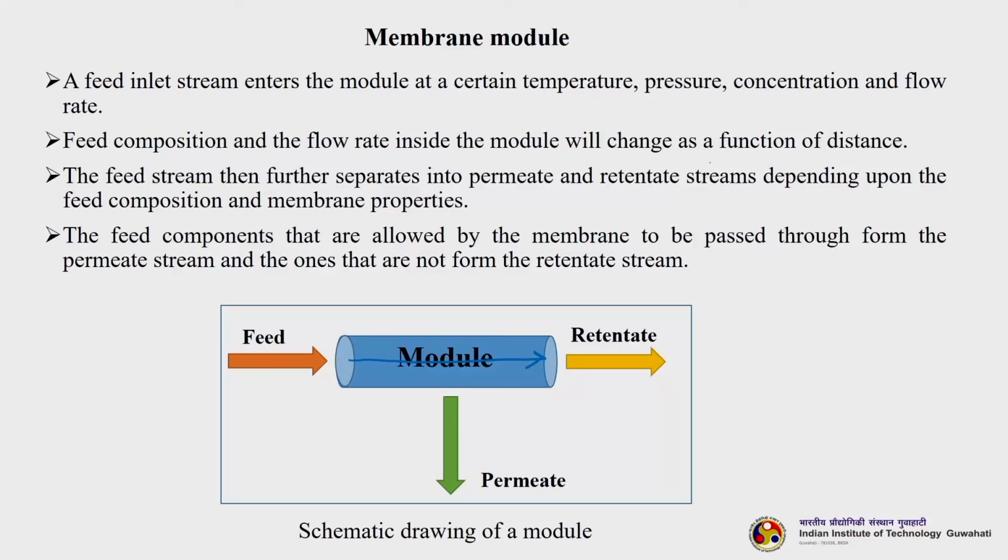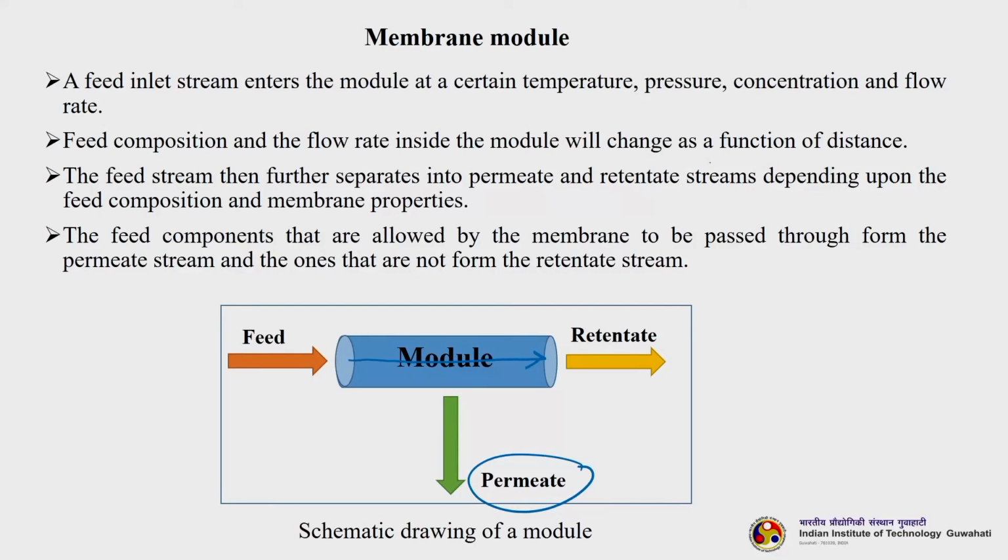The concentration of the rejected solutes on the surface of the membrane increases as the flow progresses, and the concentration in the feed of the components going to the permeate side is continuously decreasing. The feed stream then separates into permeate and retentate streams depending upon the feed composition and the membrane properties.